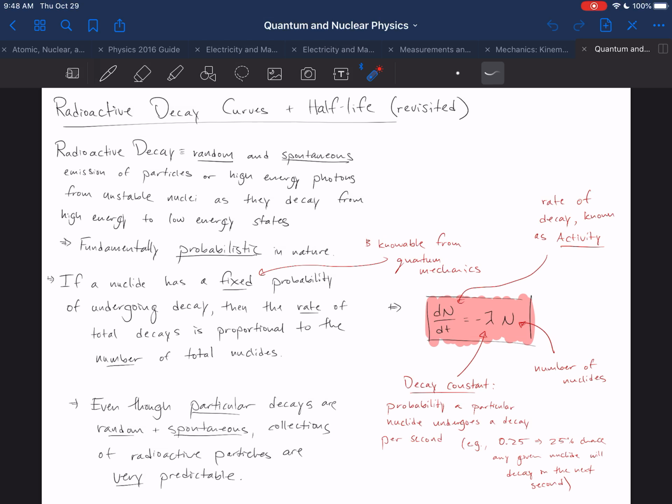And quantum mechanics allows us to derive this quantity in different scenarios. The rate of decay, dN/dt, is also known as the activity, measured in becquerels.